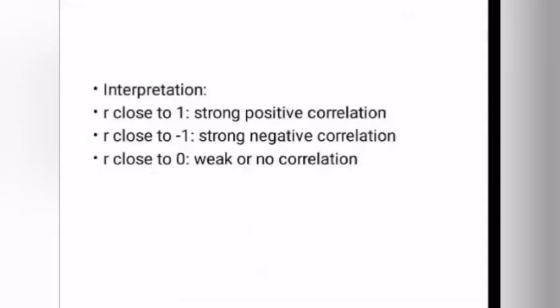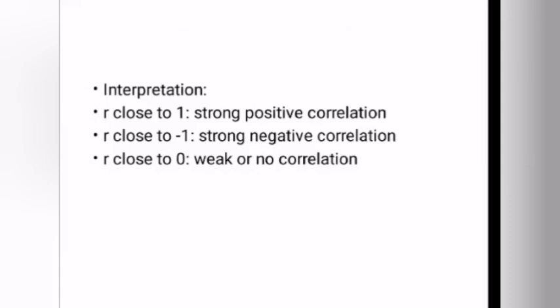So when you find r using this formula, to interpret your answer, if r is 1, it is a strong positive correlation. If r is minus 1, it's a strong negative correlation. If r is 0, it's no correlation. So let me say r is 0.5. That's a moderate positive correlation because it's close to 1.